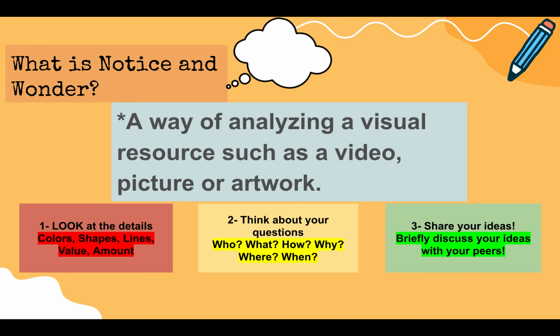When we're thinking about our questions, we often need to create questions that start with who, what, how, why, where, when. These are the kinds of questions that are going to probably come up again throughout the unit, or that will be later on answered throughout the unit as we get deeper into the topic.